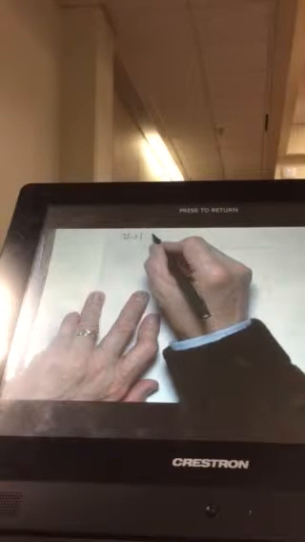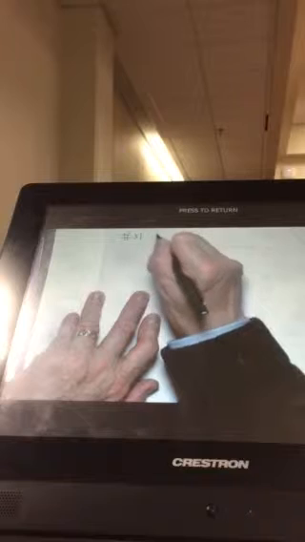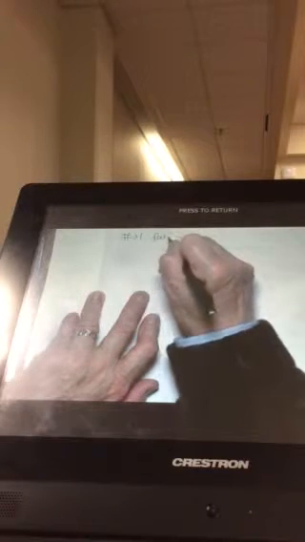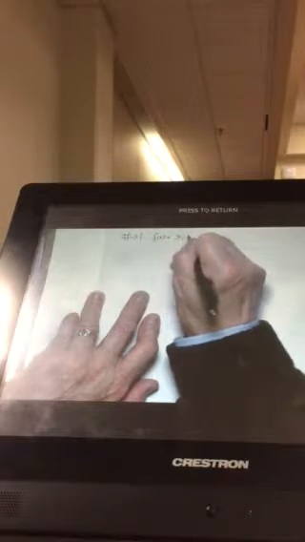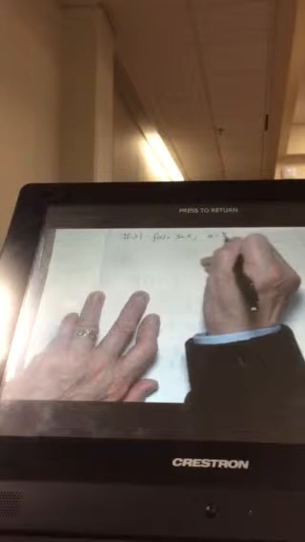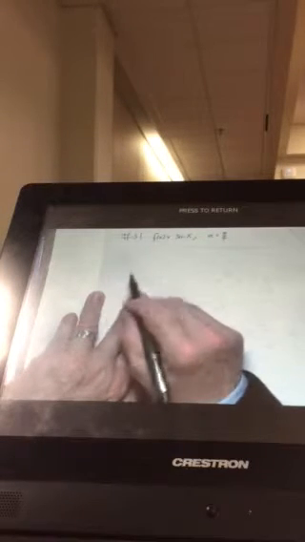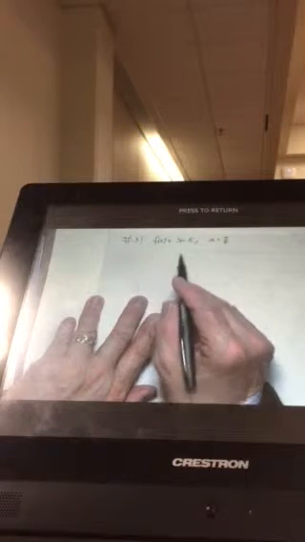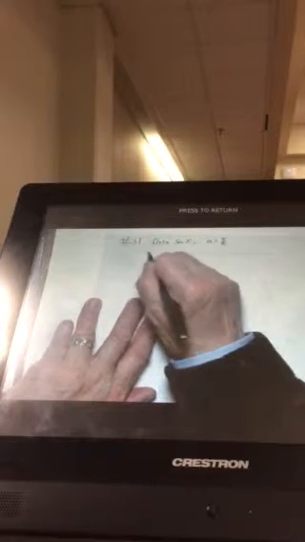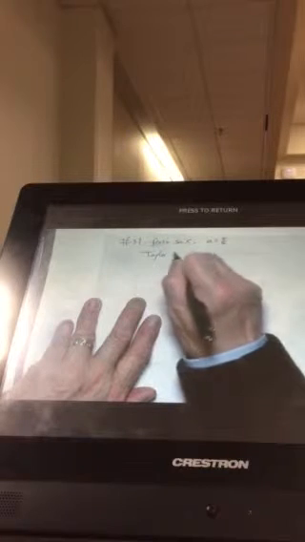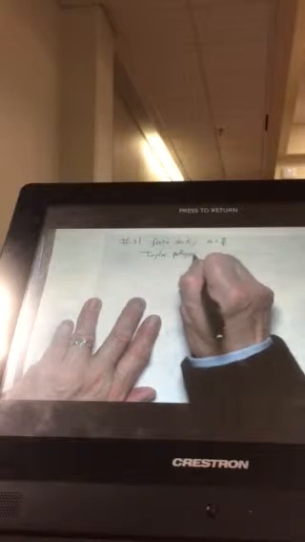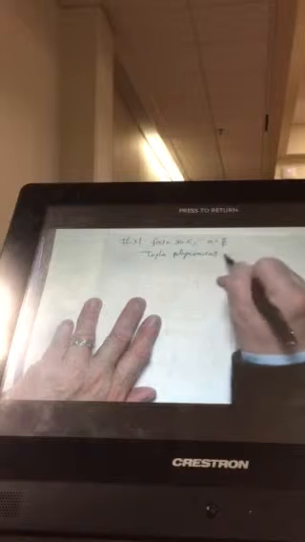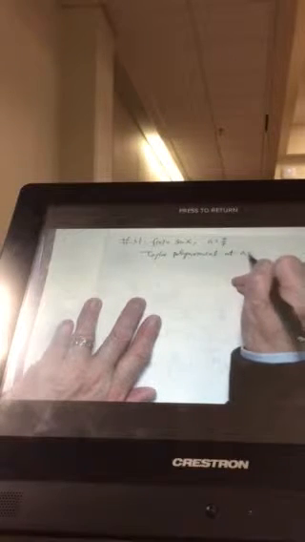31 is f of x equals sine x, with a equal to pi over 4. Again, they want us to find the Taylor polynomial of order 0, 1, 2. Before we write down the definition, keep in mind it's centered at a, but a is not 0.